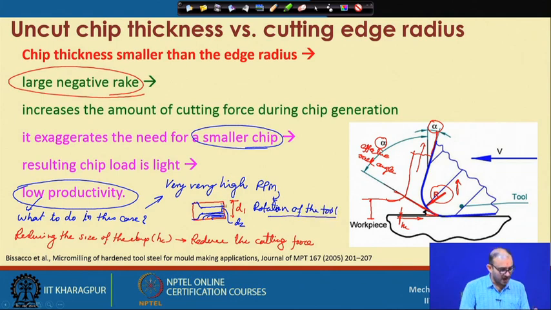If you give high RPM, then you can increase the feed rate, because you are able to remove more material by this particular operation. So high RPM is very important to get high productivity. If you do not do this, then you end up with low productivity, because you have to save the tool also, and you have to get the workpiece in a proper geometry as per the required dimensions.